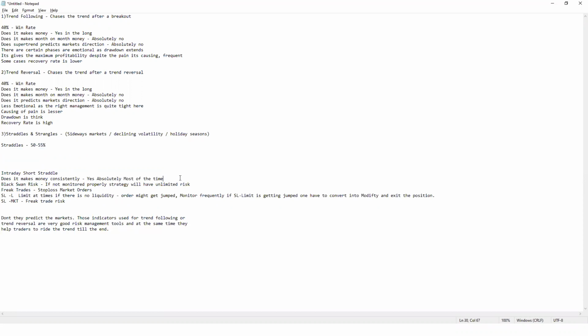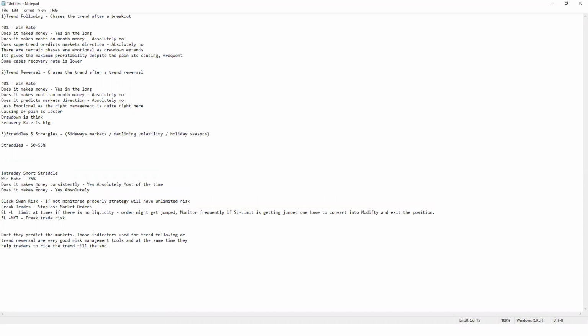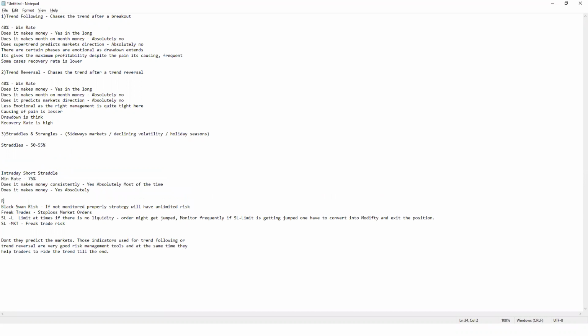The win rate is 75%, and then there is a risk factor, obviously with protection. When I say protection, I'm talking about an SL limit order.